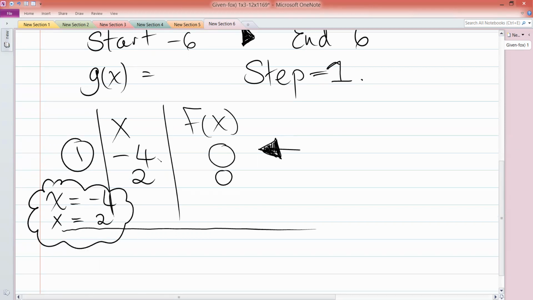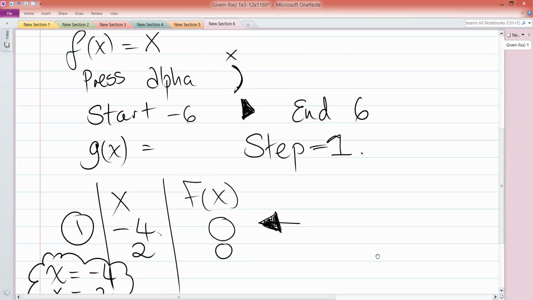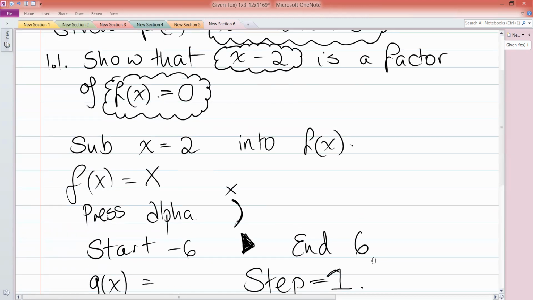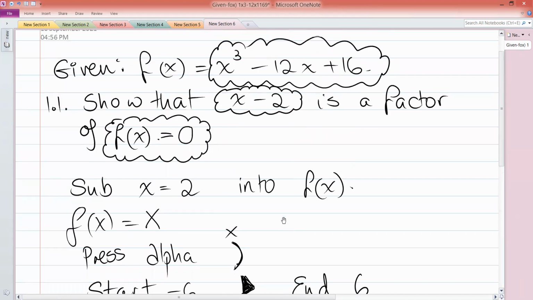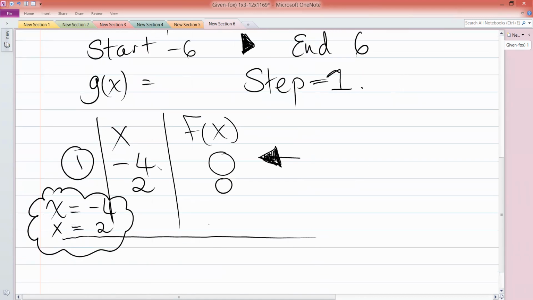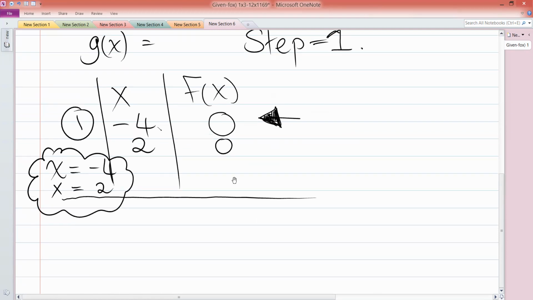This is a shortcut, it's a trick, guys. So using this, if they hadn't told you that x minus 2 is a factor, just by looking at this or doing this table method, we already know that, oh, okay, x equals negative 4, that's a solution. That means x plus 4 is a factor, right?